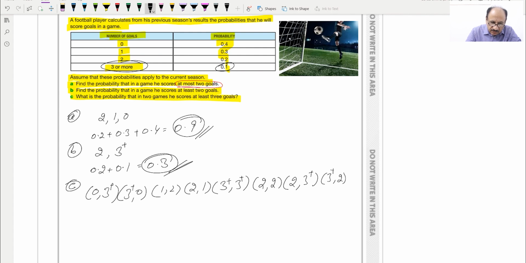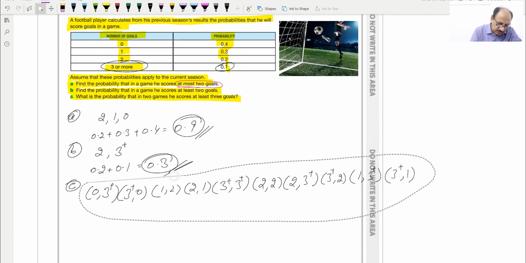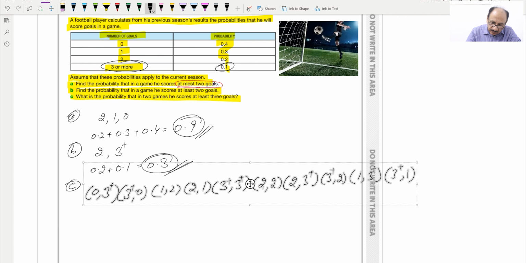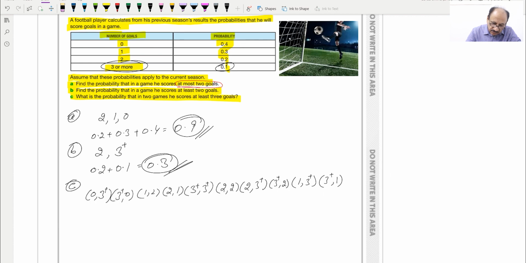And next we can write 1 and 3 plus, and last will be 3 plus and 1. So these are the possible options which we can get for this.